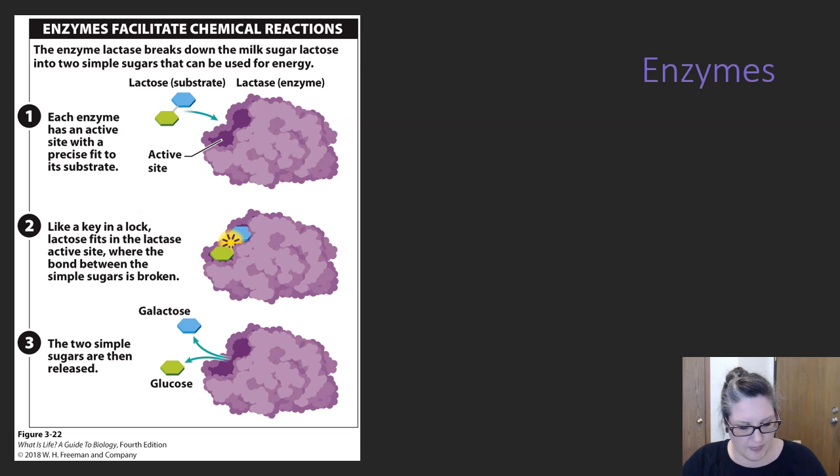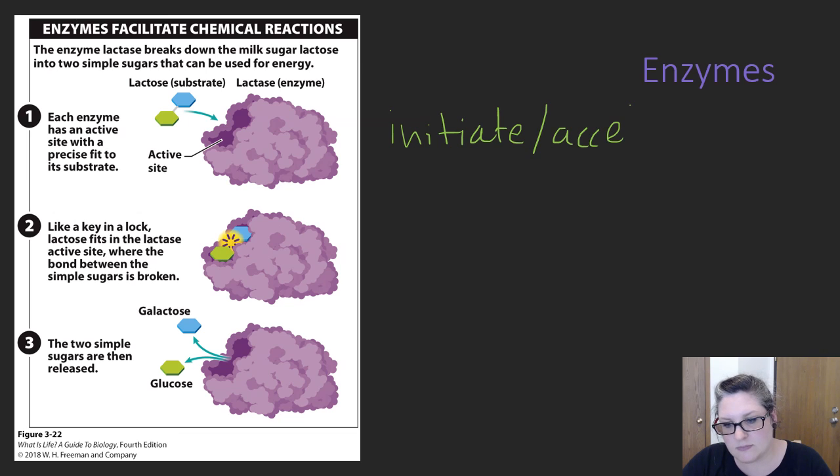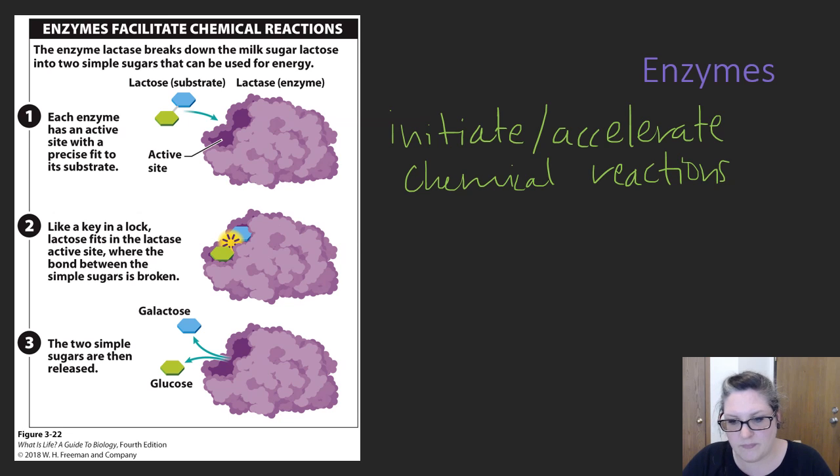So enzymes are particularly important in doing cell functions, so making things work. What they do is they initiate and accelerate chemical reactions. Initiating means they get them started, because usually chemical reactions need some sort of push, a tiny bit of energy to get started.